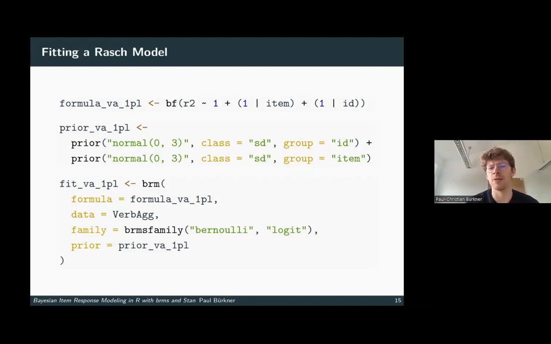BRMS makes sure that we always have the right boundaries. Standard deviation can only be positive. BRMS makes sure that's the case, and Stan translates this normal 0, 3 prior to a truncated normal 0, 3 prior truncated at 0. And then we would put everything together using the brm call. So we would specify our formula, our data set, our prior, and our family, which in this case would be Bernoulli with our logit link.